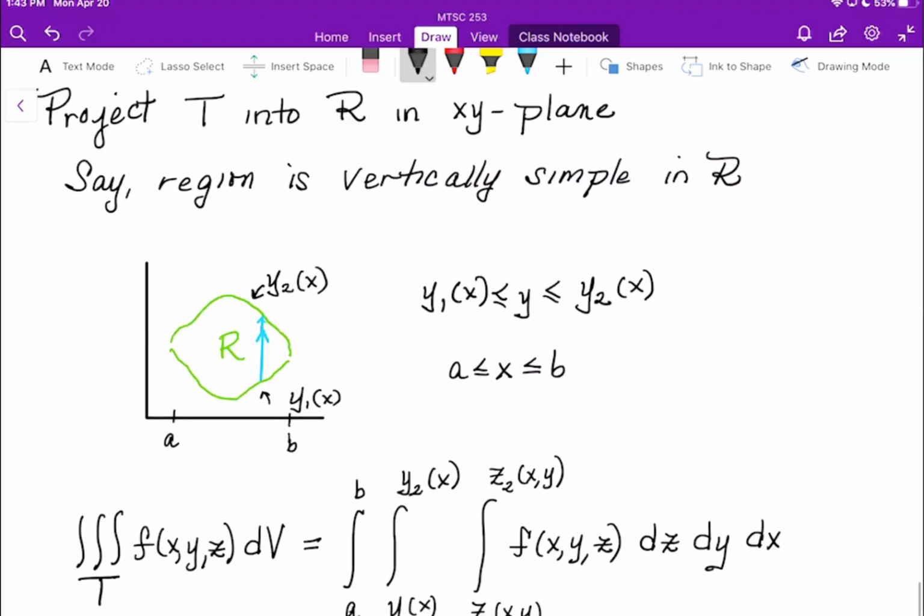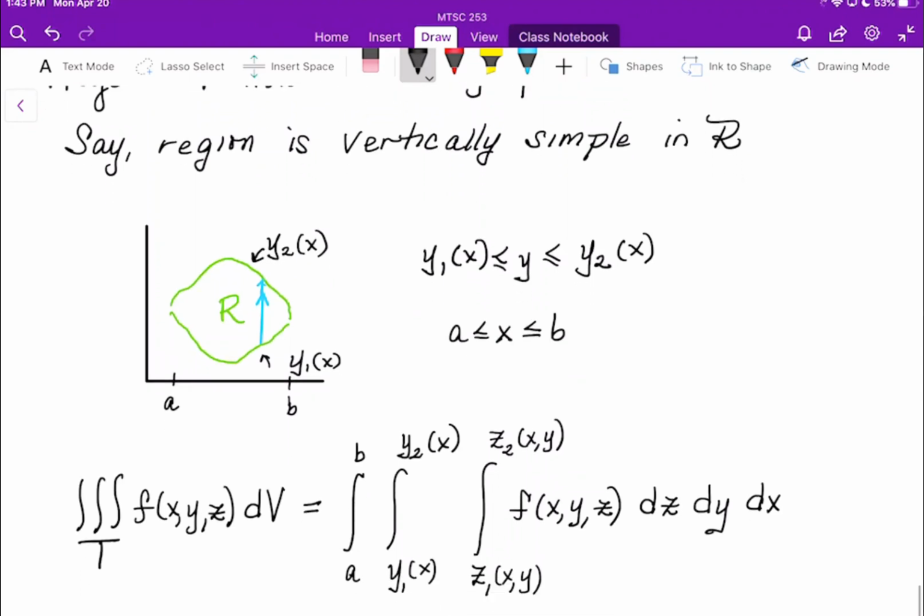Now, you know, if there's a z simple region, there's also an x simple and a y simple, so everything can turn sideways. All right.